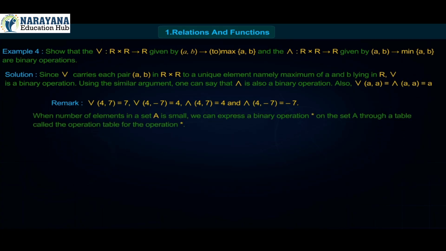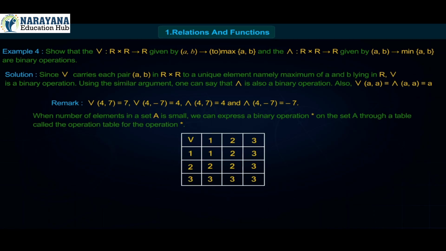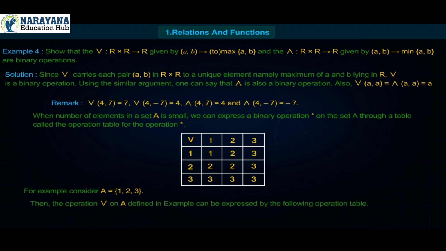When the number of elements in a set A is small, we can express a binary operation star on the set A through a table called the operation table for the operation star. For example, consider A is equal to the set {1, 2, 3}. Then the operation ∨ on A defined in the example can be expressed by the following operation table.